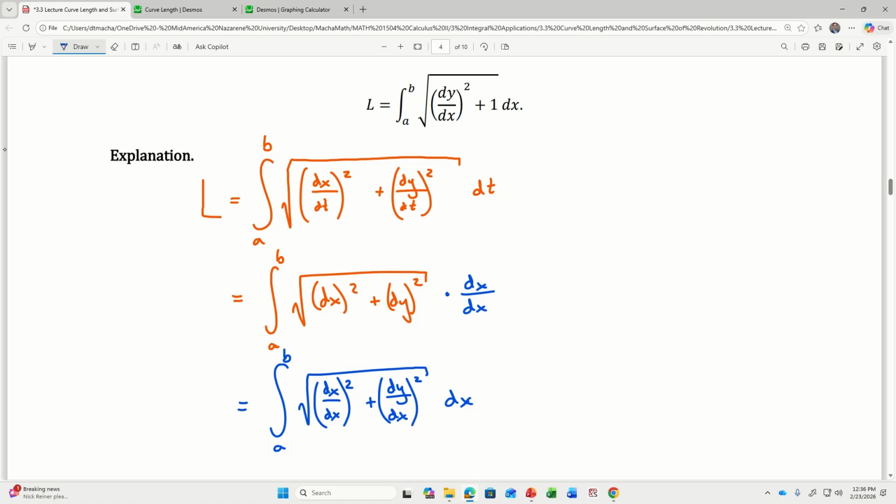I'm left with that dx in the numerator. And then you say, well, dx over dx, that's just the number 1. And so in the end, we get the integral of the square root of dy dx squared plus 1, dx.